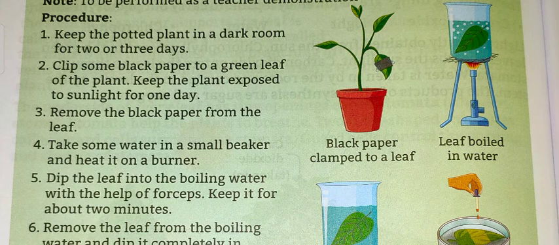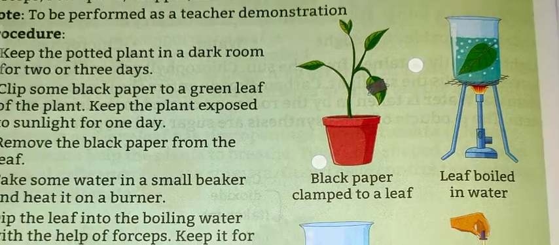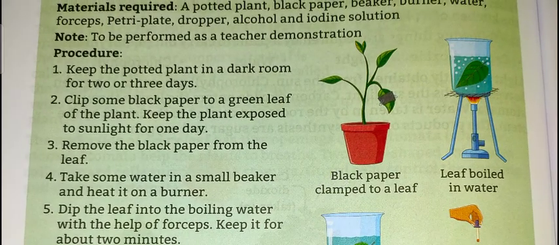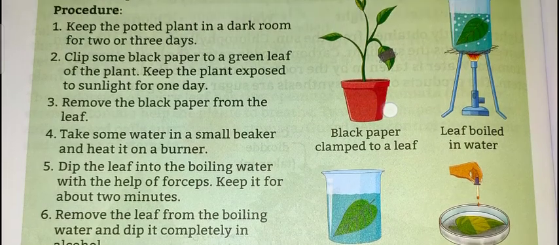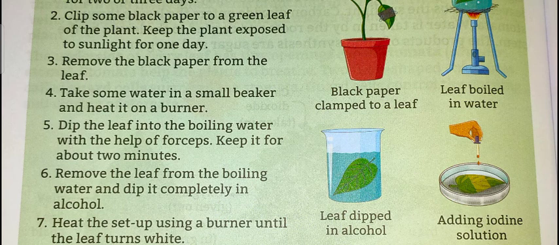After leaving it in a dark room 2 days, put a black paper like that on the leaf, and then put it in sunlight for 1 day. After 1 day, remove the black paper, and then take some water in a small beaker and heat it on a burner.